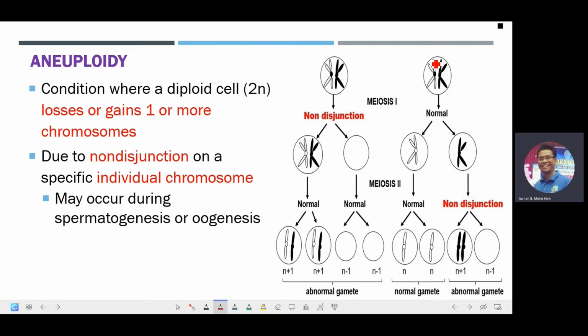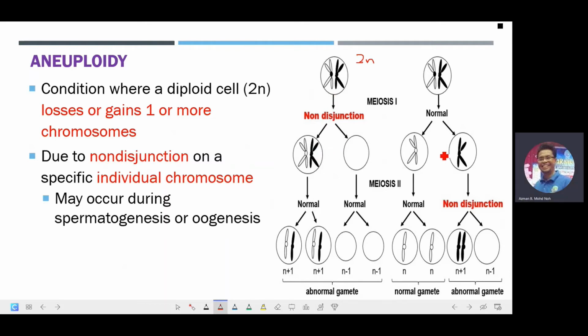Let's say we have a cell which is a diploid cell, 2N, and we focus on one pair of homologous chromosomes over here. Okay, so Nondisjunction may occur during meiosis 1, in which the two homologous chromosomes will not be able to separate, like this.